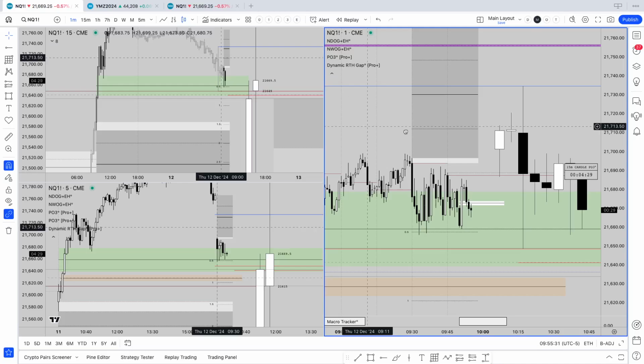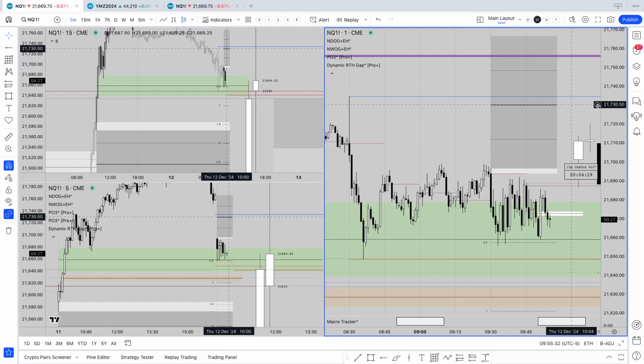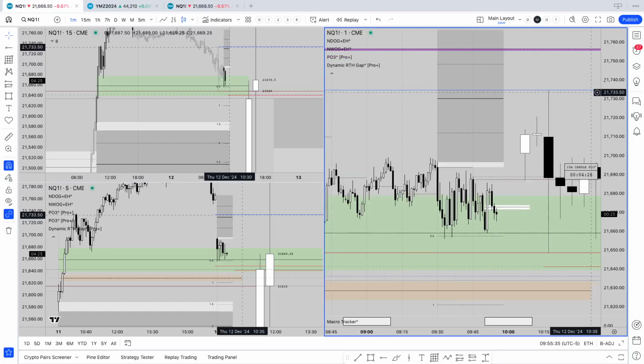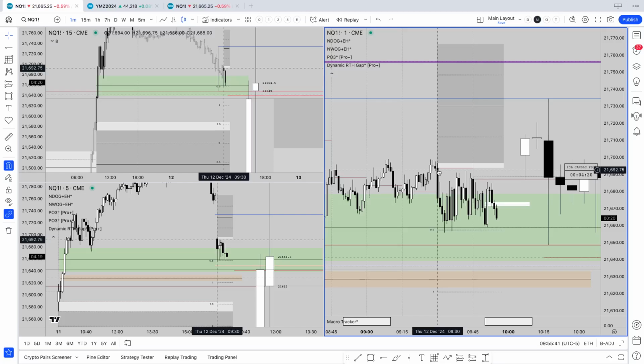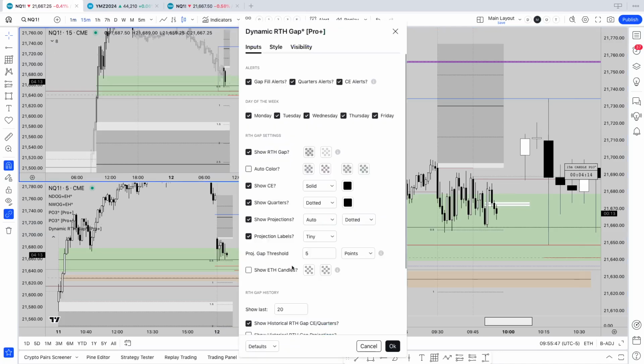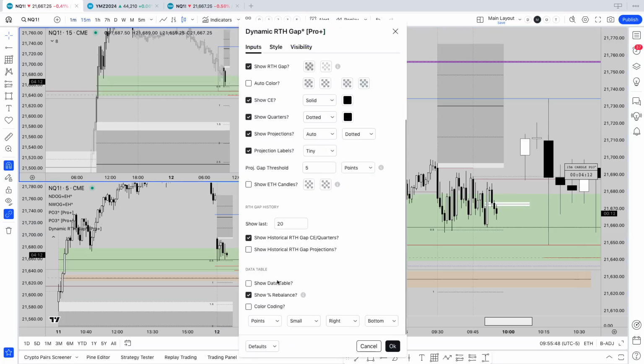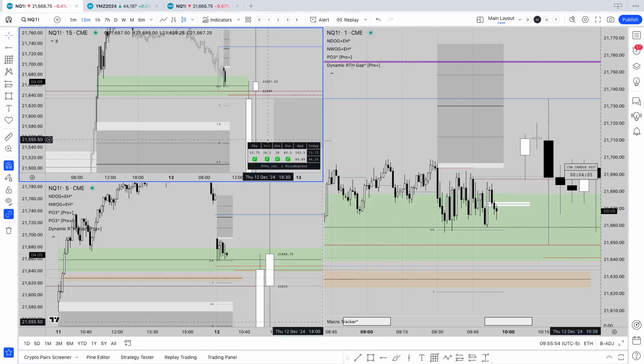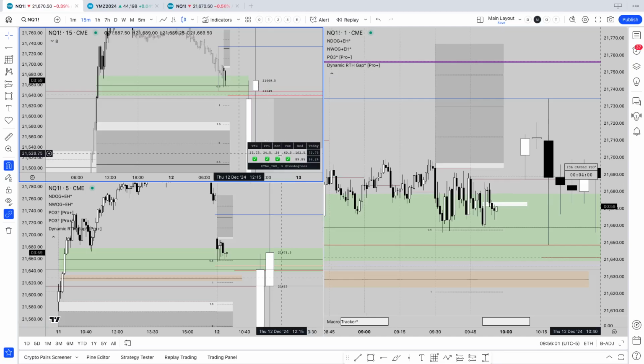Yeah, this is something that I use. Obviously, the size of the gap is different every day. You can look, for example, here, and you can see the size of the gap of every day.